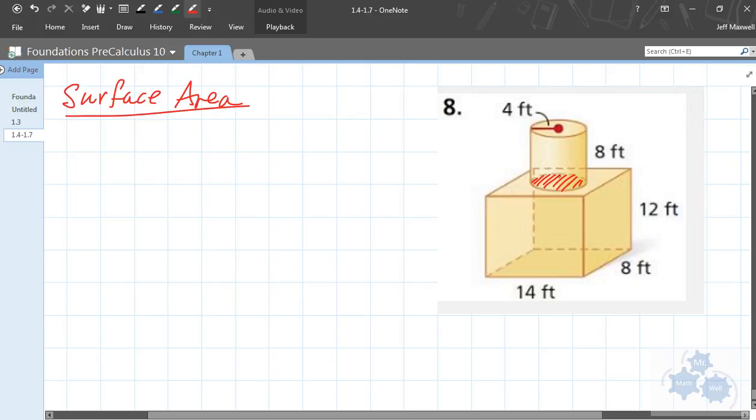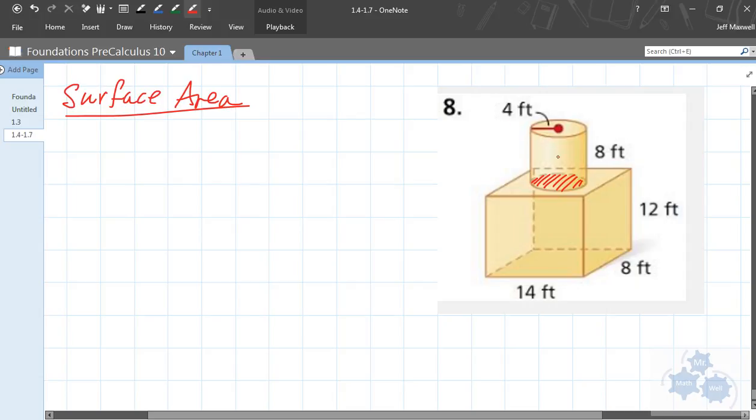That is not part of the surface area anymore, because it's covered up. So we only want to calculate the part of the object that's exposed, in this case exposed to the air, right? And so this part is not. So we can't consider it as part of the surface area of the cylinder, nor can we consider it as part of the surface area of the prism.